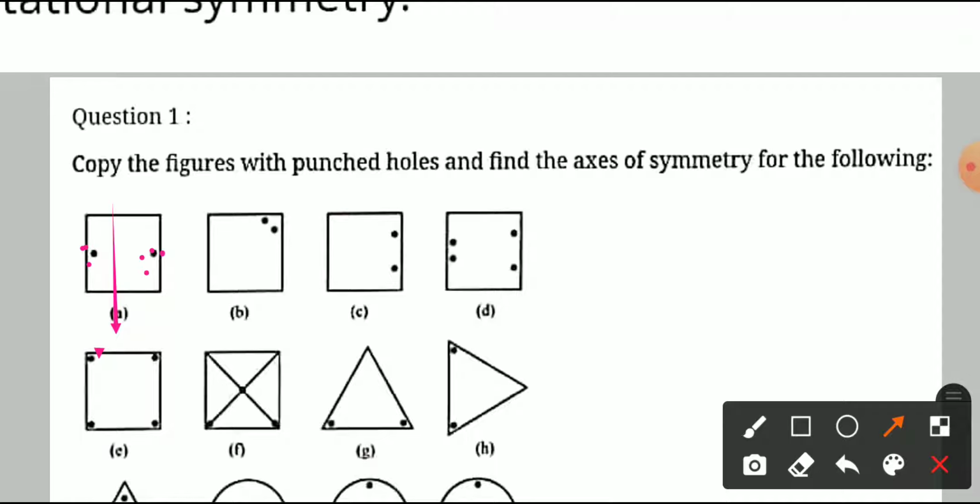Now if you fold these two dots, we will get the lines here, in this case here, in this case here, and here.